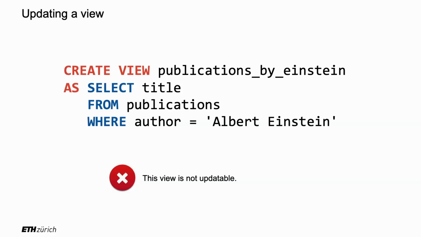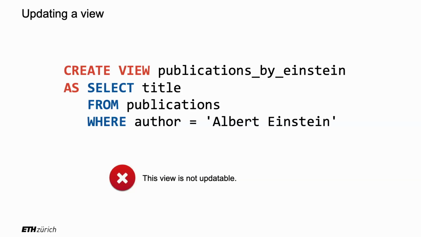And so the problem is that if I try to update this view, I would only update the title, or I would only create a new record with a specific title. What do I put in the year? Right? This is why it's not updatable. But what could I change to the schema of the original table to make it updatable? What could I do? In which cases will I know what to add to the year? Yes? Exactly. You provide a default value.